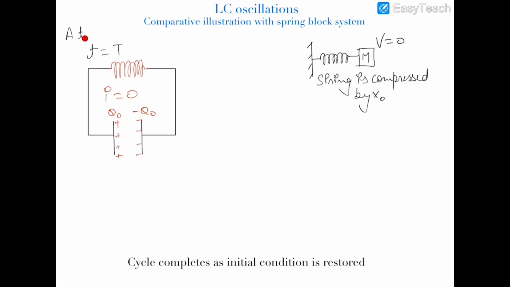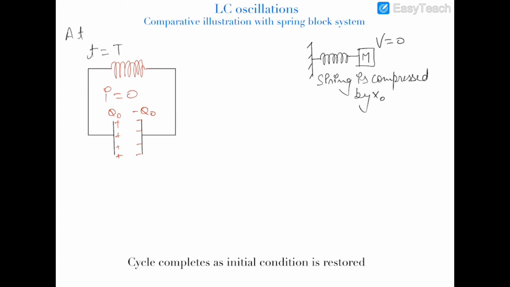Therefore we say that the time at which the initial conditions are restored is called the time period of the circuit. And again, in the spring block system, the block has completely compressed the spring, and that compression is x naught, and the velocity of the block becomes 0. This is the initial condition from which we started the spring block oscillations. So I have written that the cycle completes as initial conditions are restored.